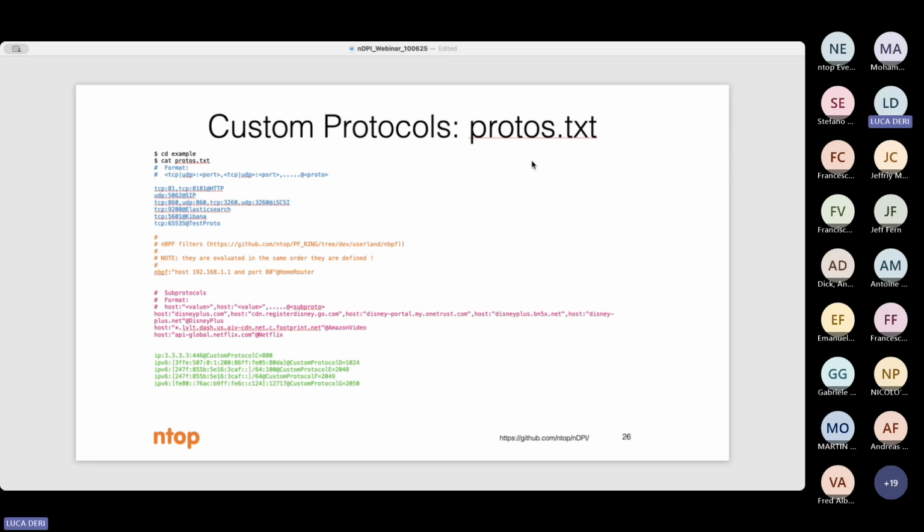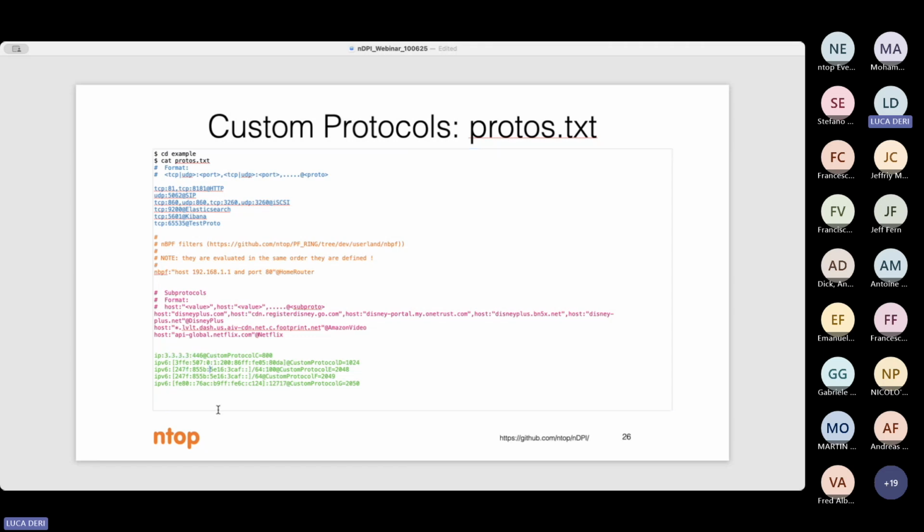For instance, if you go under examples, you will see there is a file called protos.txt that contains the definition of protocols. Let's take some examples. You can define, for instance, here at the beginning, some protocol based on the port. So if you say TCP and port, whatever, this is the protocol. Or you can specify also the host. So if you say TCP or UDP or IP, in this case, look at this one.